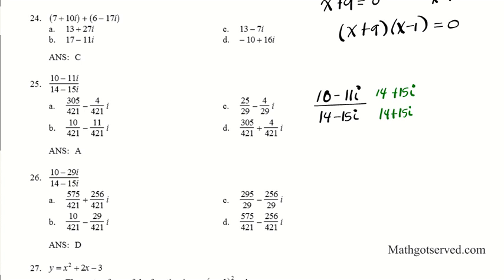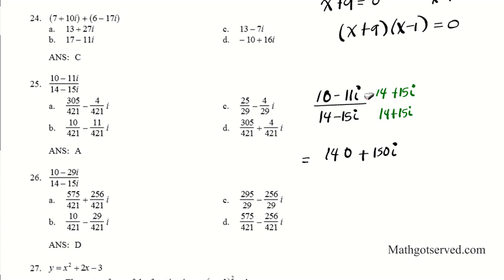How did you get that? You just switch the sign in the middle, okay? And then we're just going to distribute the top and the bottom. So if we distribute the top, we're going to have 10 times 14 is 140. 10 times 15 is plus 150i.